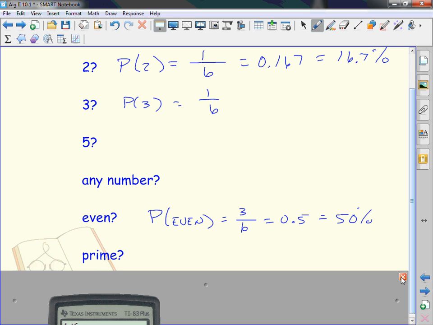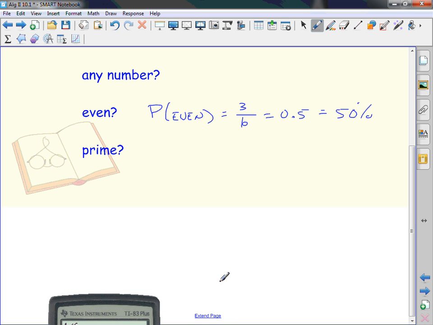What's the probability of rolling a prime number? First, you got to figure out what are the prime numbers on a die. Okay. 1 is not prime, nor is it composite. Prime means what? 1 and itself.